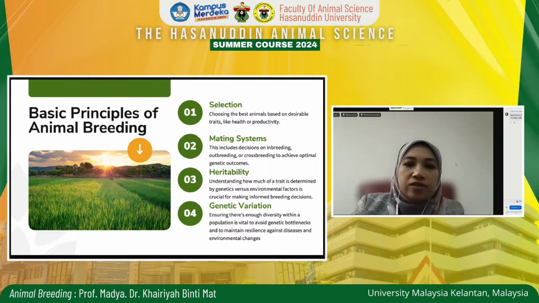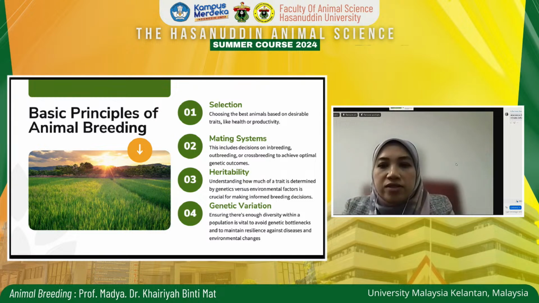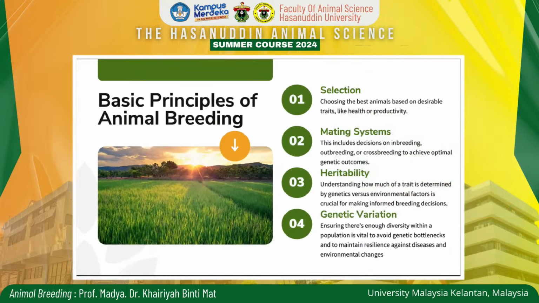And then next, genetic variation. We need to ensure that there's enough diversity in the population. It's very important to avoid a genetic bottleneck, so we can maintain resilience against disease, environmental changes, etc. For example, Dorper in Kelantan will probably have different performance compared to Dorper in Johor, or Dorper in Sabah, Sarawak, Indonesia, or other countries, because of environmental factors.